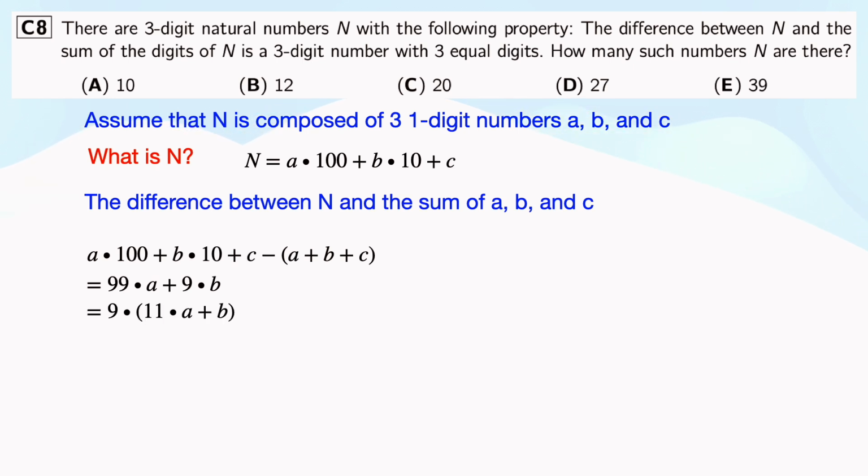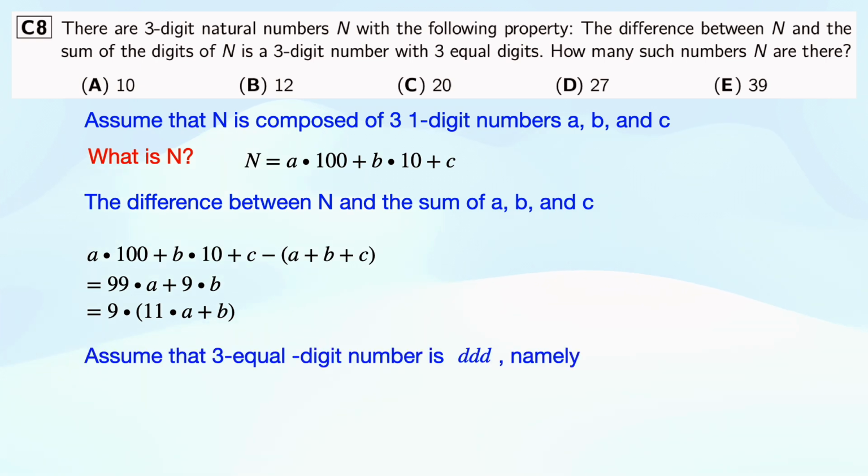Simplifying even further, we get 9 times (11a plus b). At the same time, let's assume the three-digit number with three equal digits is written as DDD. So according to the text, 9 times (11a plus b) should equal DDD.